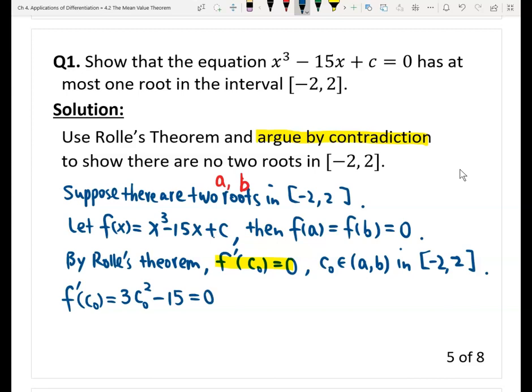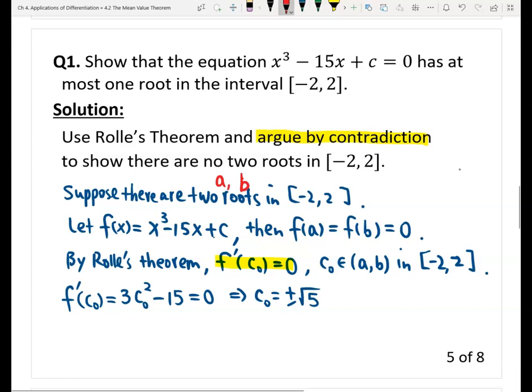That's the equation. What's the solution I can find? Of course, c0 squared should equal 5. Therefore, c0 should equal either positive or negative square root of 5. What is square root of 5? Square root of 5 is more than square root of 4, which is 2.